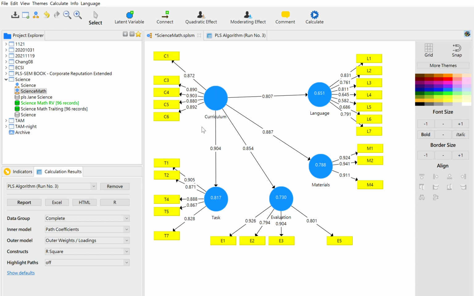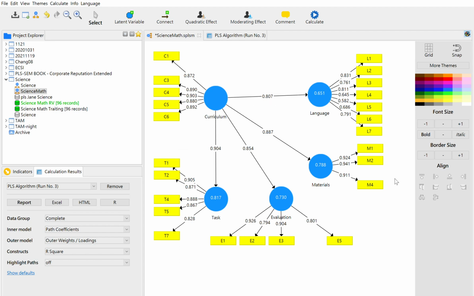And so we really need to reconsider if these items should be deleted, because of content validity, perhaps some of these items should not be deleted just for numbers' sake. So that's one of the arguments that we wanted to express.